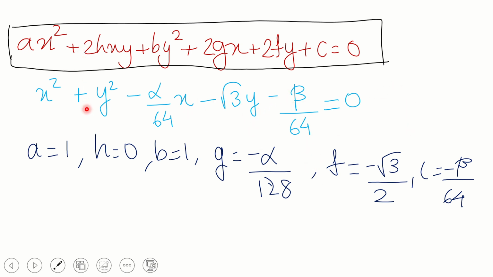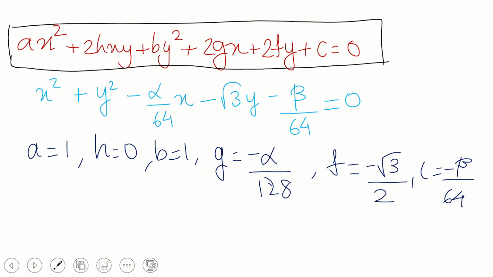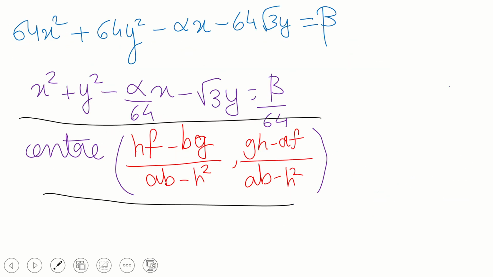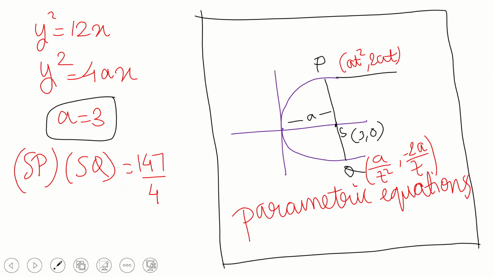Comparing these two, we get a equal to 1, h equal to 0 and so on. Now alpha by 128 and root 3 by 2 is the coordinate that you will get on substituting all these values in this formula. Now S is the focus of this particular conic, that is parabola, as well as the midpoint of the diameter, right?